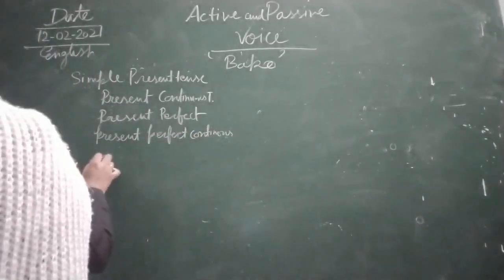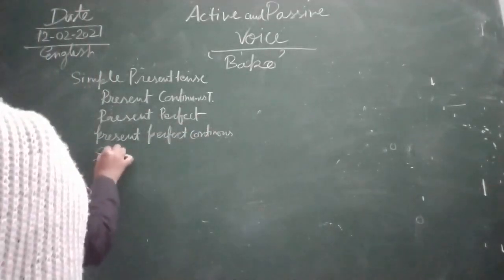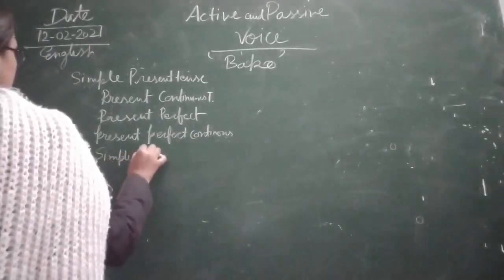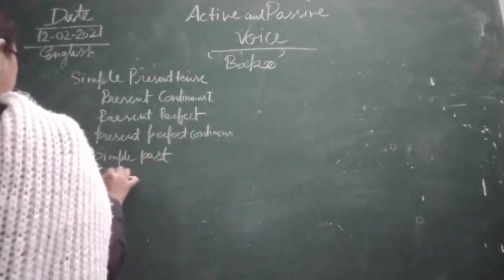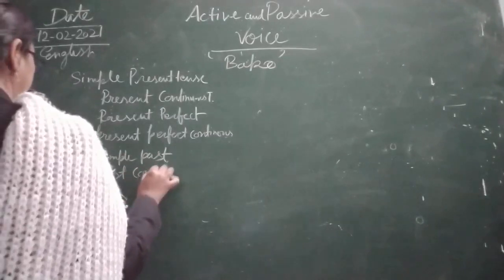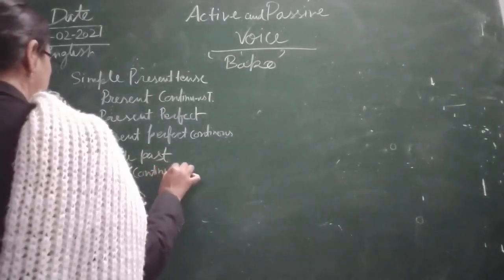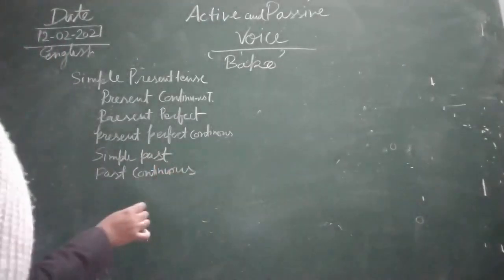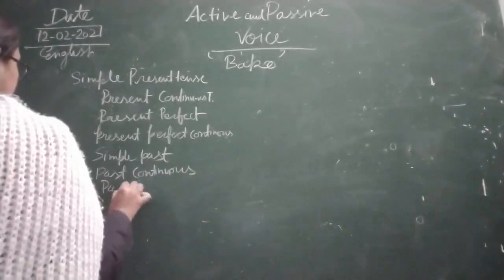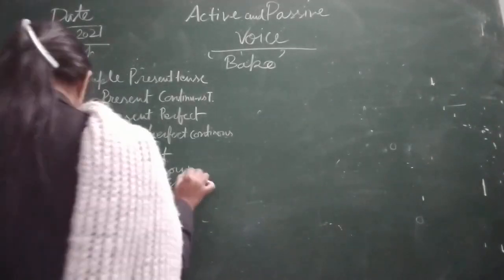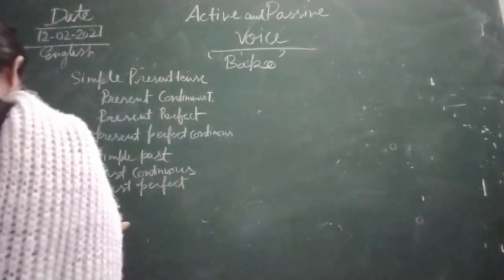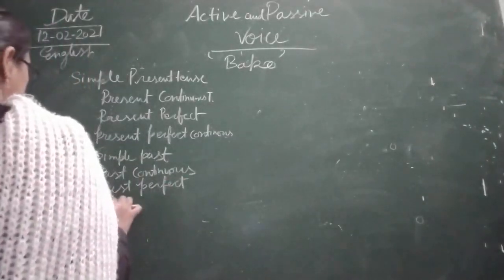now next simple past, past continuous, and then past perfect. For this table you can understand past perfect continuous tense.